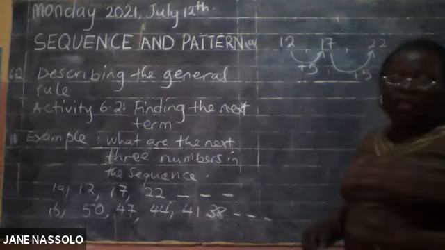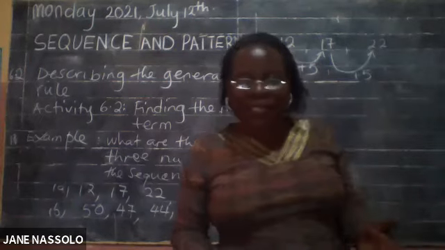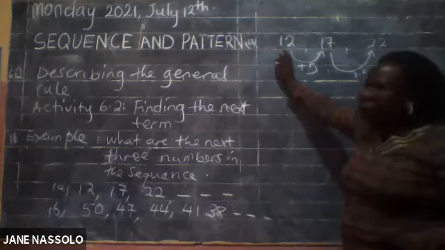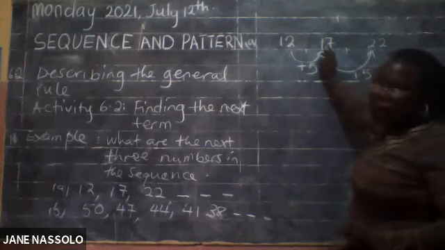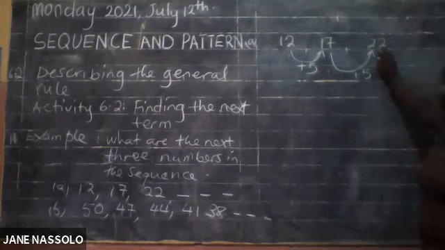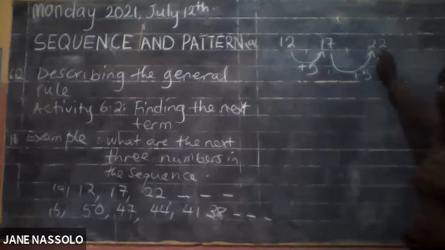We have added 5. So now, if these are marks, the first time you get 12 marks, the second time you get 17 marks, the third time you get 22 marks. Probably there is a pattern in your marks.